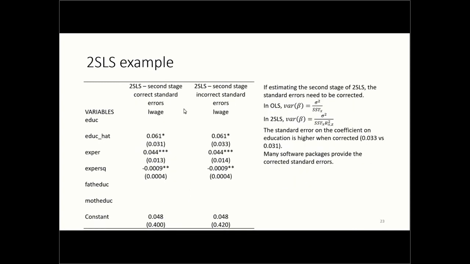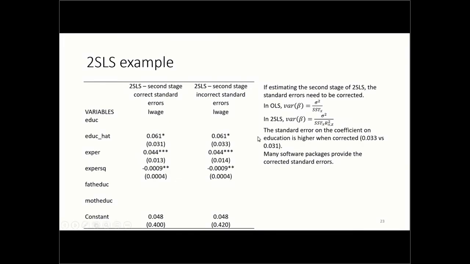Okay, so now let's also consider correcting the standard errors. So here, if we estimate the two-stage least squares, here are the correct standard errors that we have, and here are the incorrect standard errors if we just estimate the second stage but we do not correct for the errors.